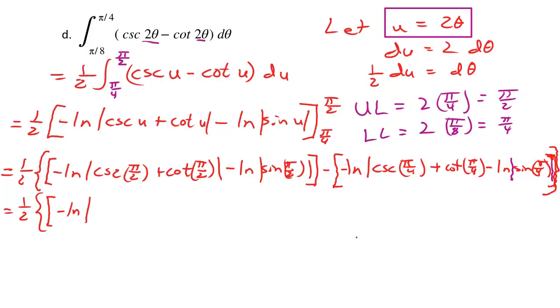Cosecant of pi over 2 is 1. And cotangent of pi over 2 is 0. Okay. And then we have minus the natural log of sine of pi over 2. Sine of pi over 2 is 1.